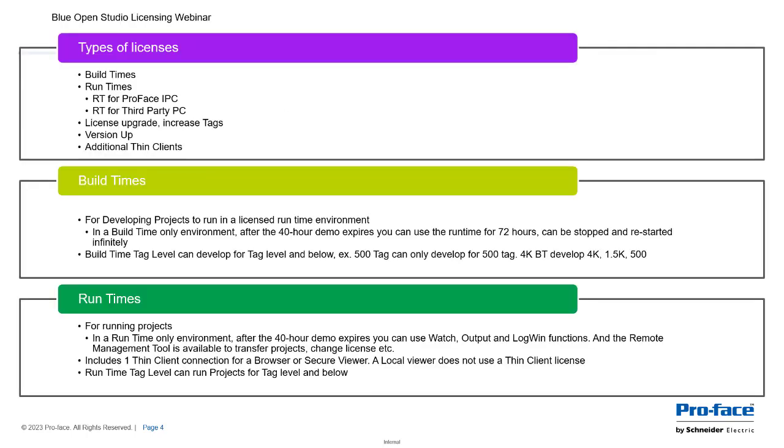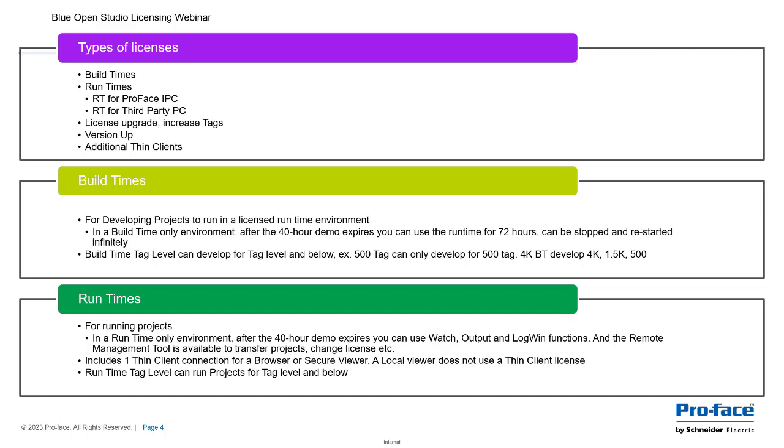Okay, so the first thing that we're going to talk about is the types of licenses that we have for Blue Open Studio. There's build time licenses and there's runtime licenses. Within the runtime licenses, you have runtime licenses for Proface IPCs, and then you have runtime licenses for third-party PCs. And that's basically just defining where you're running the runtime.